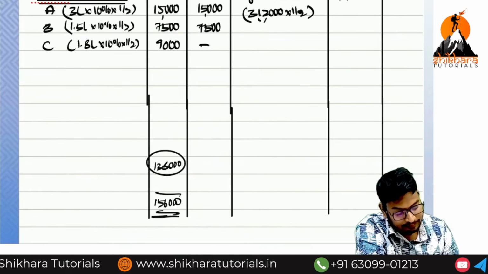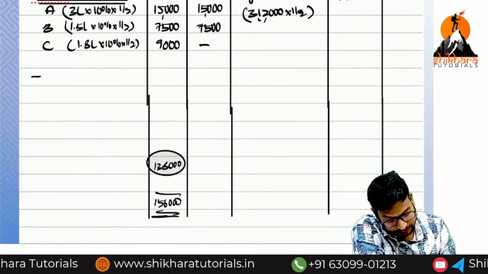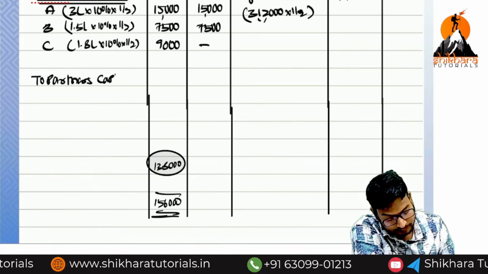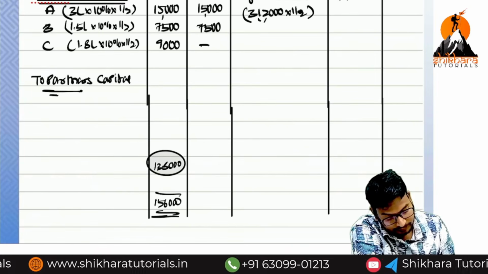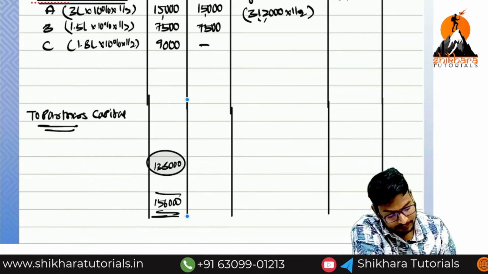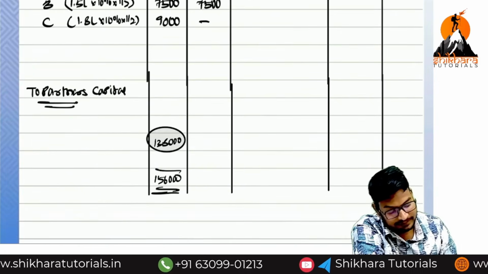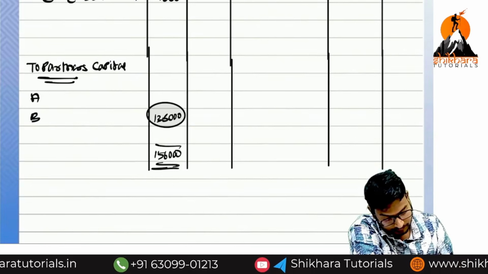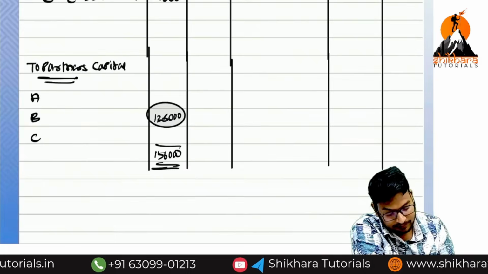What is the proportion? Old proportion. Old proportion means A, B and C.